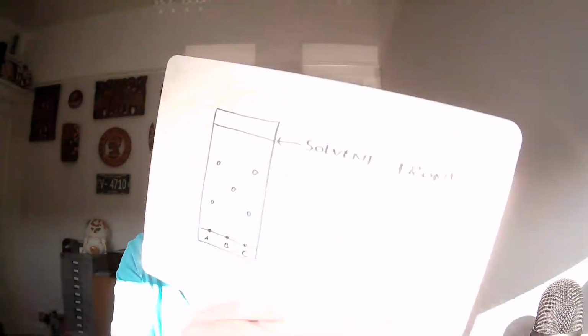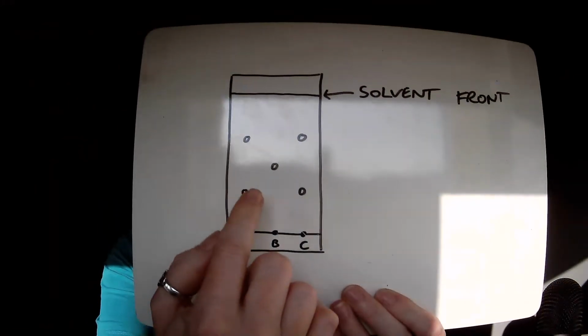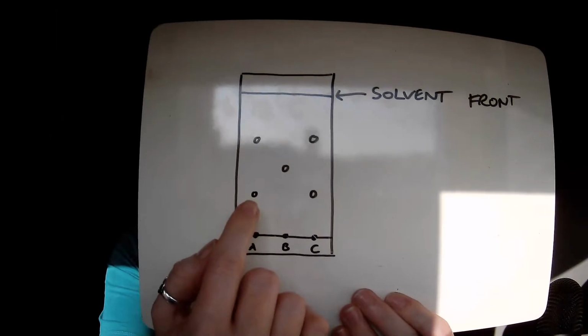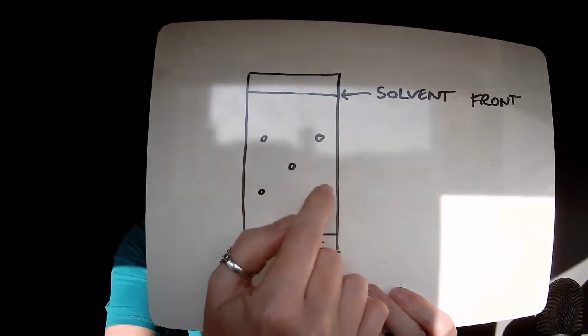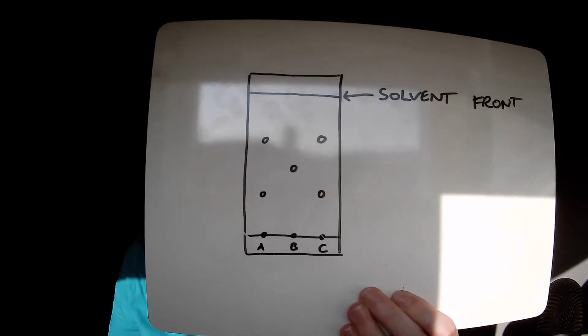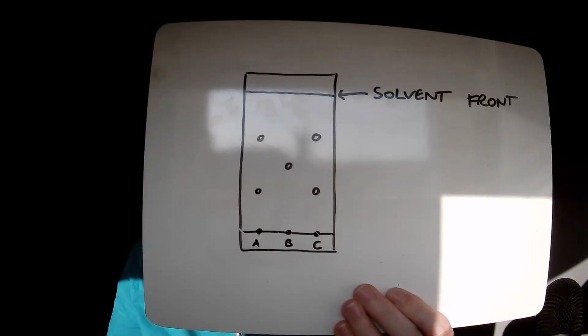So RF value is always between 0 and 1, so if it's bigger than 1, turn them the other way around. The other thing they can ask you to do with our chromatogram is identify which substances are the same as one another. That is as simple as match the patterns. What we can see here is that A and C both have 2 spots and they line up beautifully. Therefore, A and C are from the same source.